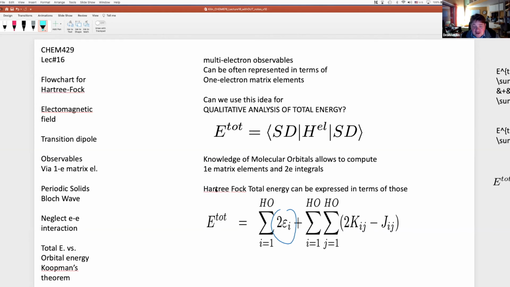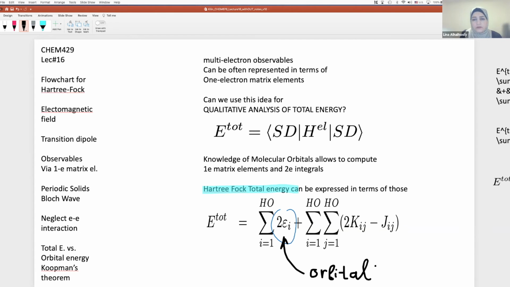Or you can just read the title in front of you. As we dealt with single electron wave function for Hartree-Fock, it was a summation over the electrons, but for total energy. So those are not orbitals, but orbital energies, right? Yeah.